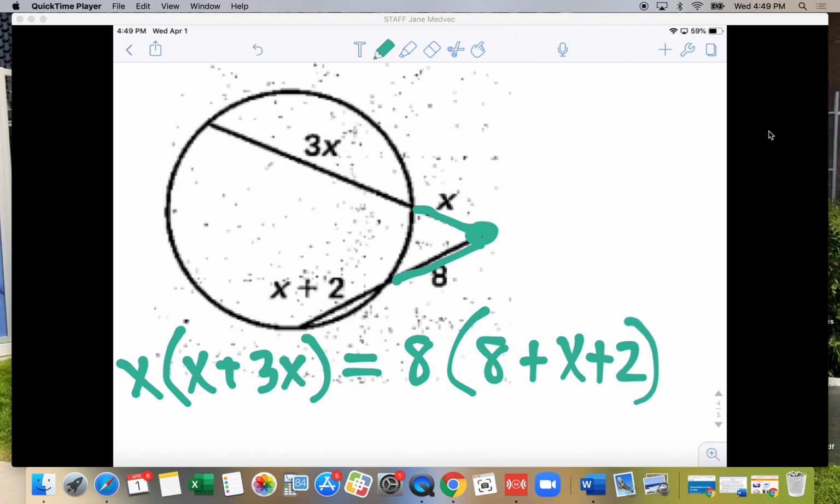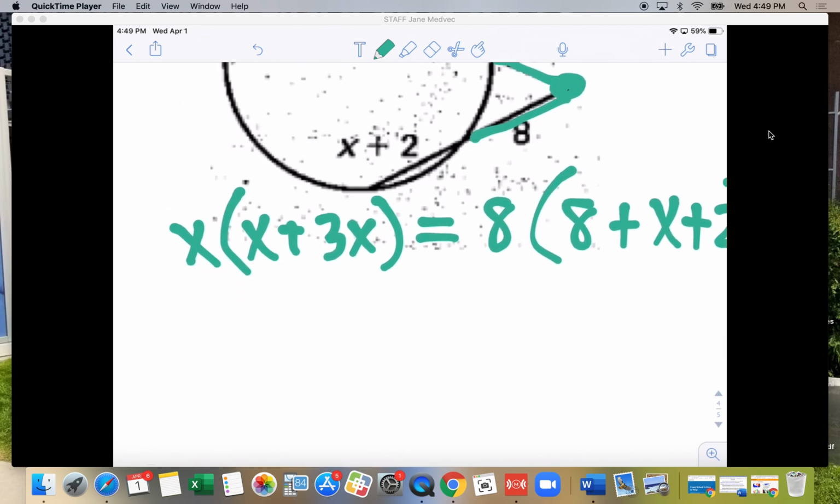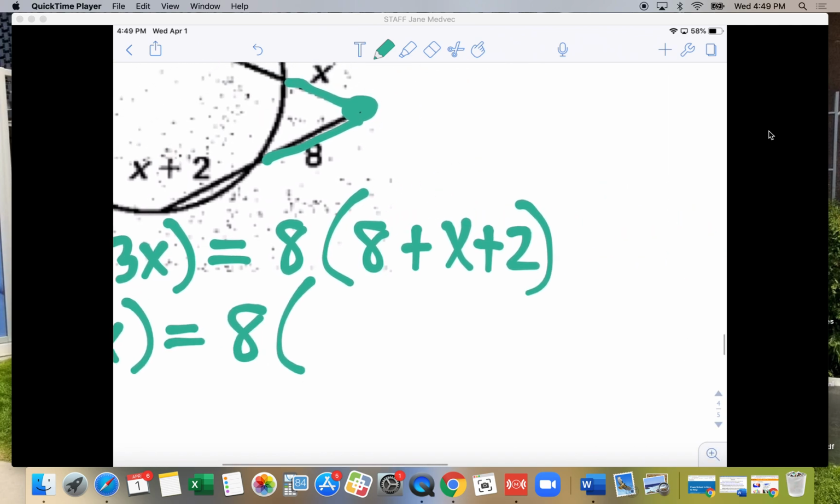So I multiplied the part by the whole. Okay, now I'm going to come down here, and I've got x plus 3x, that is 4x, because they're like terms. I've got 8, and I'm going to bring this together inside the parentheses, which is x plus 10.